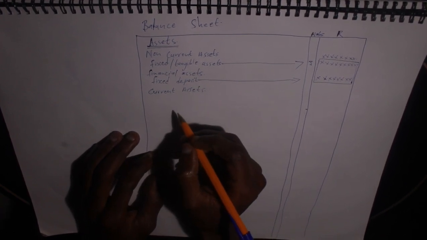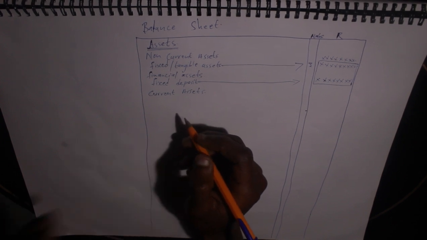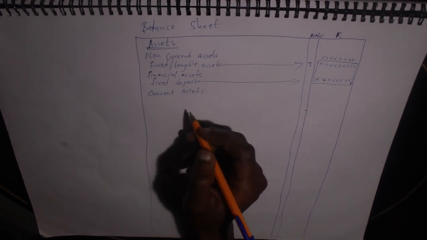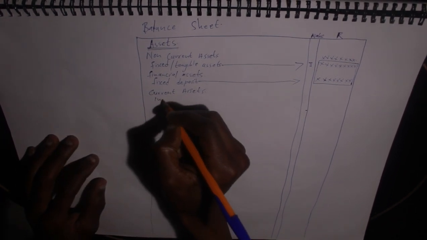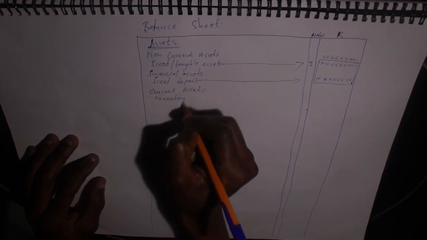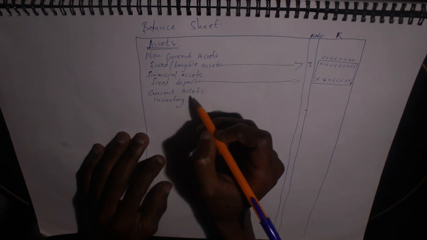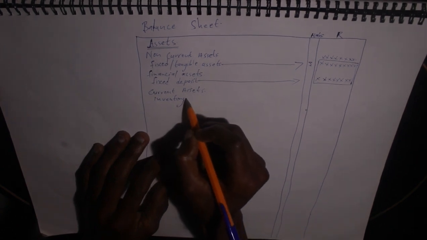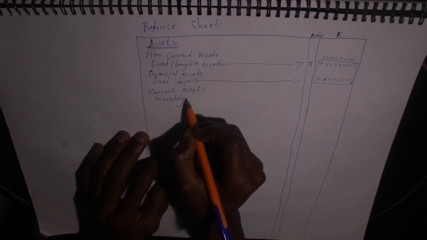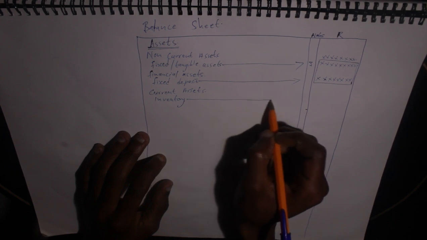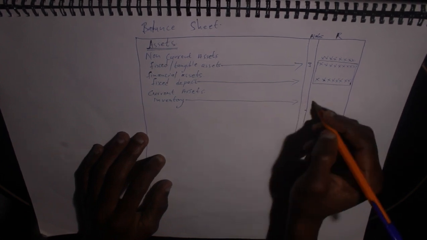Now under current assets we have inventory. Our inventory, this is just the stock that we have in the business, your trading stock. So the value of your trading stock at the current moment, you will show it here.